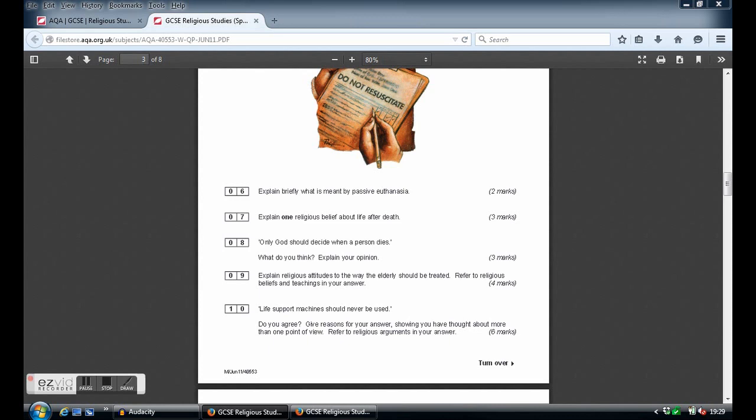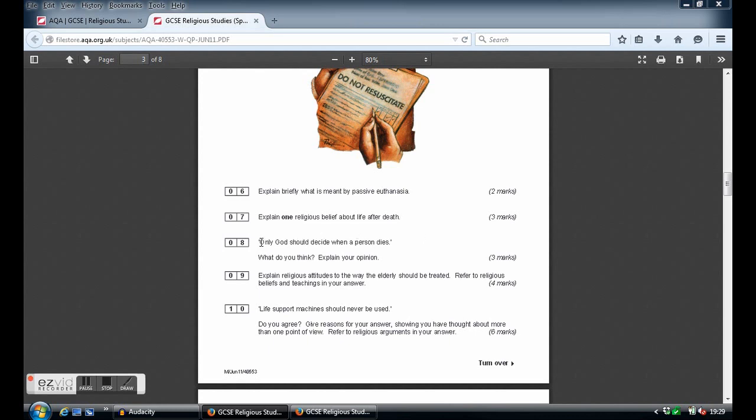Don't write that, obviously, but just say that there's some sort of judgment. There's heaven, which is a good place, and hell, which is a bad place where God isn't. And that would get you probably all the 3 marks. If you wanted to make sure, just write something extra, like they believe that you stay there for eternity, or something like that.